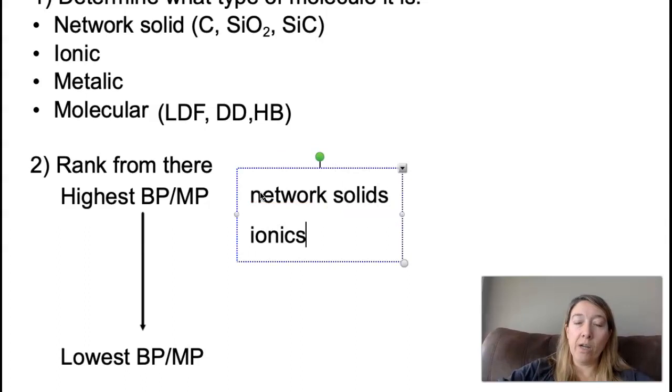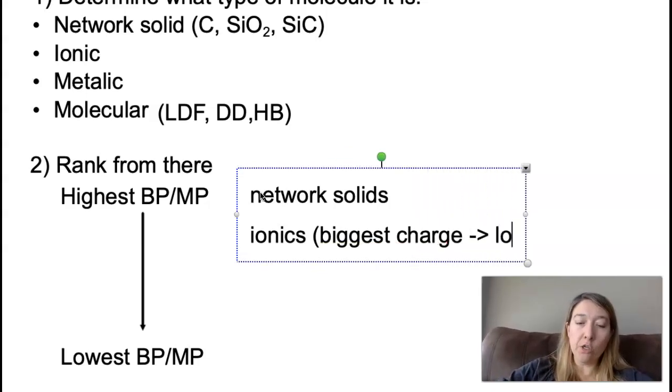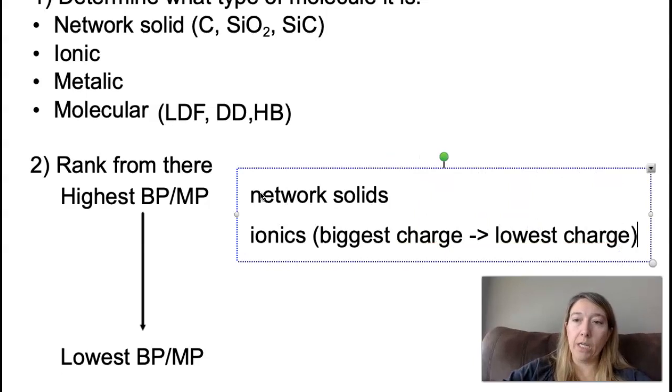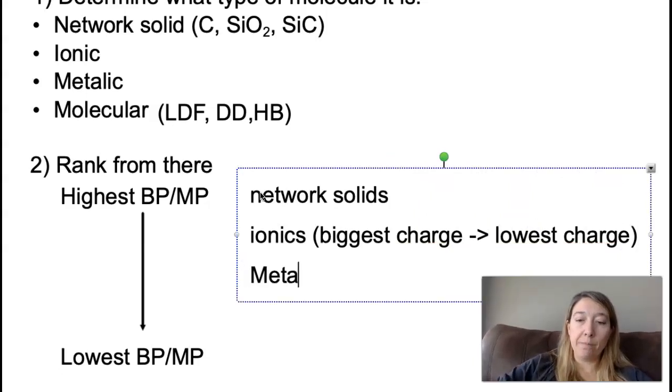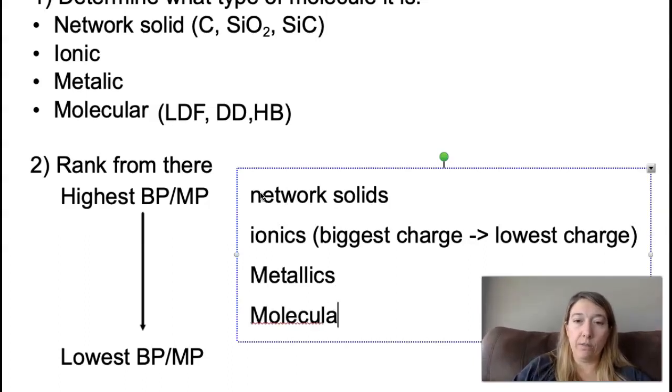Then it's going to be our ionics, where we're looking at biggest charge to lowest charge, if we have multiple that we are ranking. Then it's going to be our metallics. And then it's going to be our moleculars.